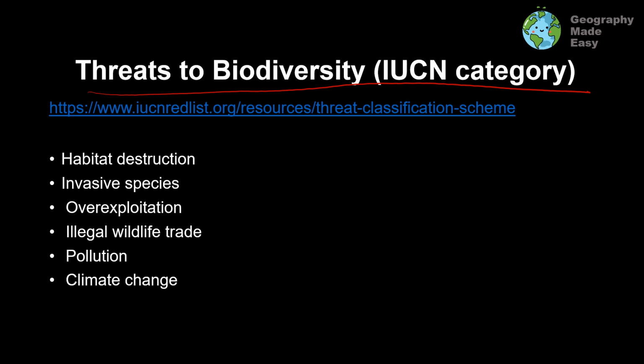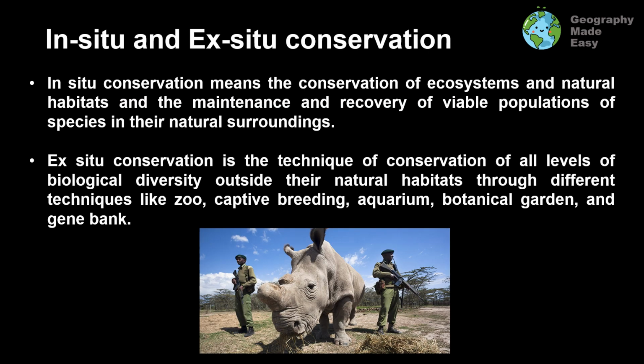Pollution is one of the most important reasons at this moment for a lot of species to become extinct, and one of the reasons why species are dying is also plastic pollution, especially in the oceans and the seas. We can see this happening. And of course, climate change is also posing a threat to the species.